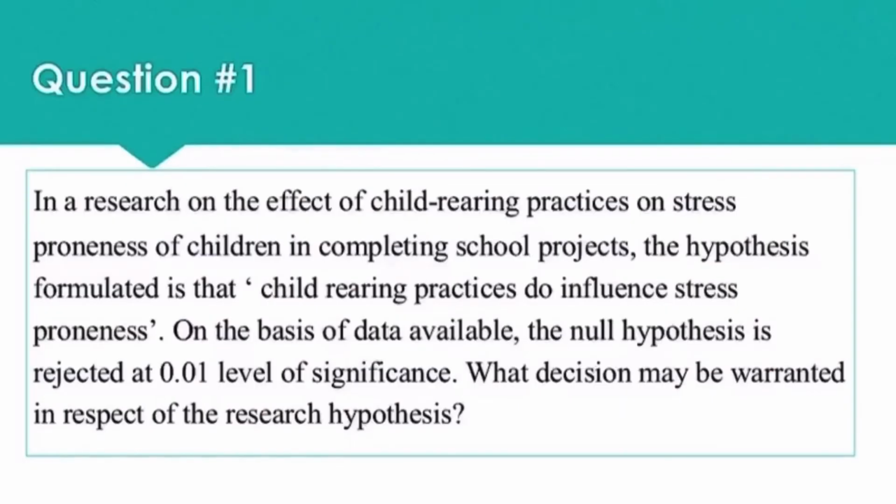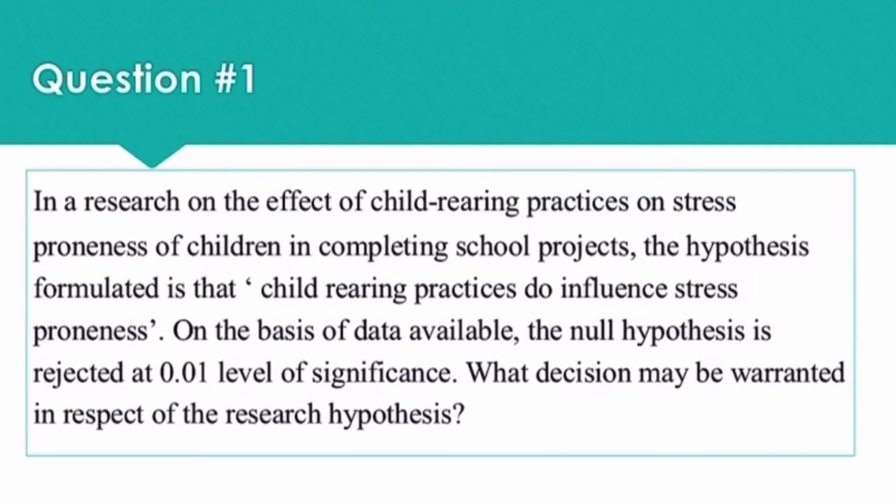Now, we will revise some previous year questions. First question, in a research on the effect of child rearing practices on stress proneness of children in completing school projects, the hypothesis formulated is that child rearing practices do influence stress proneness. There are two variables here. One is child rearing practices, the other one is stress proneness in completing school projects.